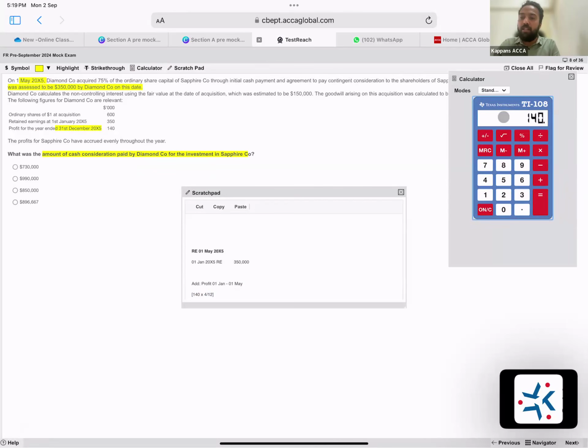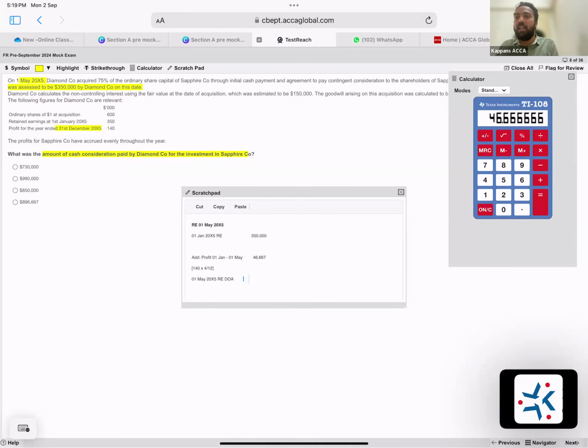140 multiplied by 4 by 12 is equal to 46,667. So now the retained earnings at date of acquisition is 350,000 January plus profit for 4 months.